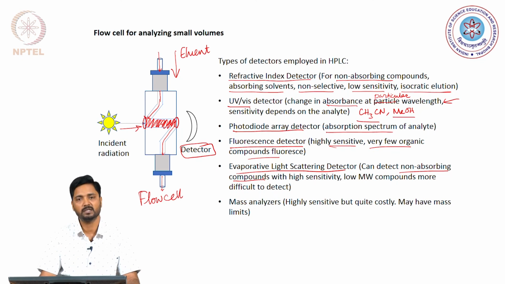It can detect compounds mainly by allowing the eluent to evaporate out, and this evaporation will result in analyte particles being formed inside the ELSD, and these particles of the analyte will then scatter the light radiation, and the scattering intensity can be plotted with respect to time to generate an elution profile or a chromatogram.